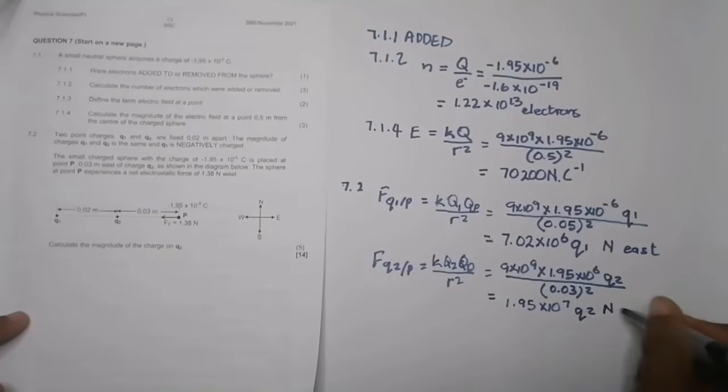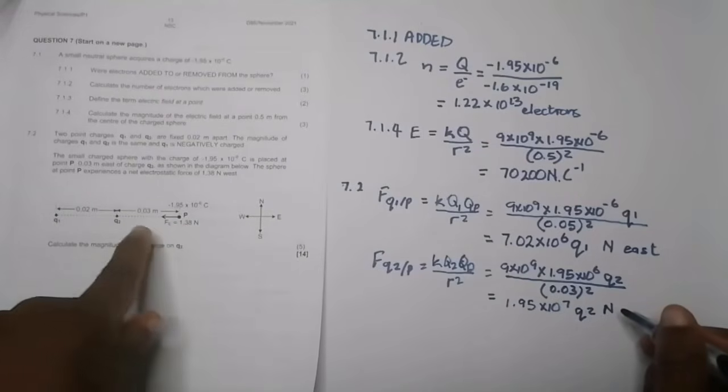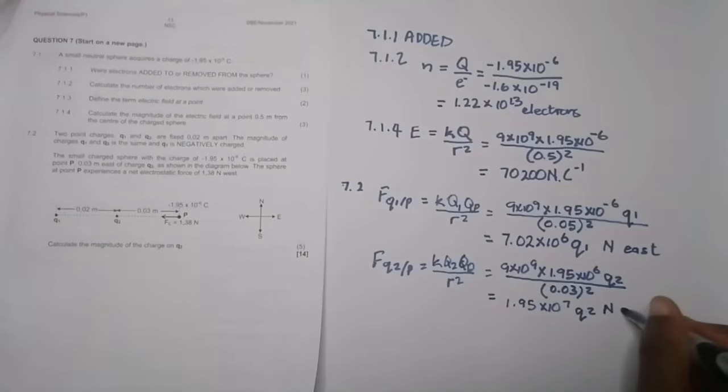So that's in newtons, and as I did say, the net force being in that direction must mean that Q2 is actually exerting a bigger force. Of course, we can already see that to some extent. So this would be to the west.